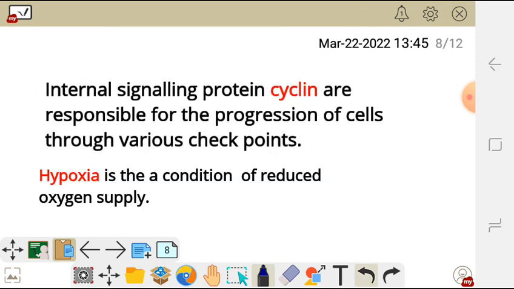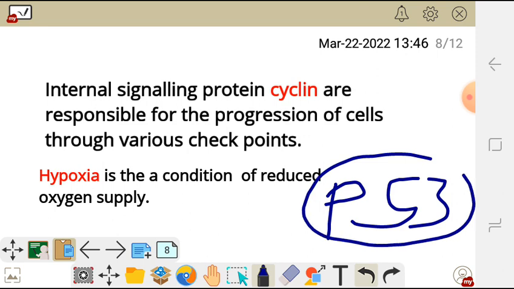Okay, so from there we have what we call the protein p53. This protein is responsible for the cell to progress to the next phase. It is the one which regulates the checkpoint.